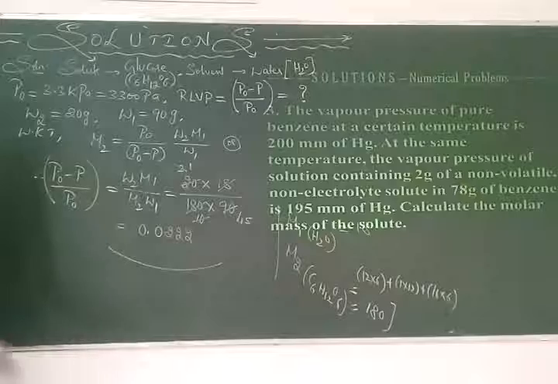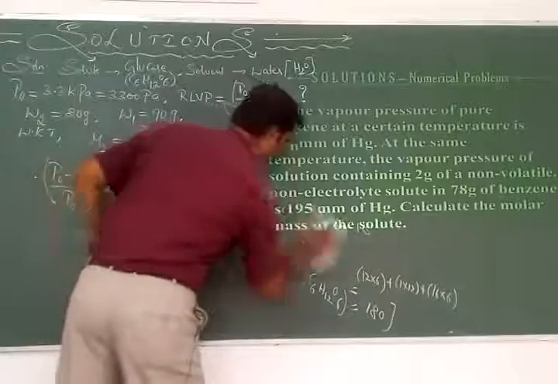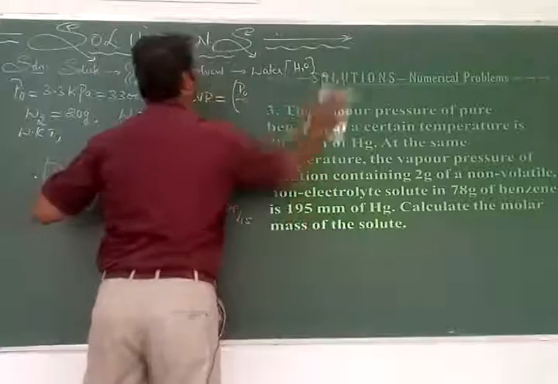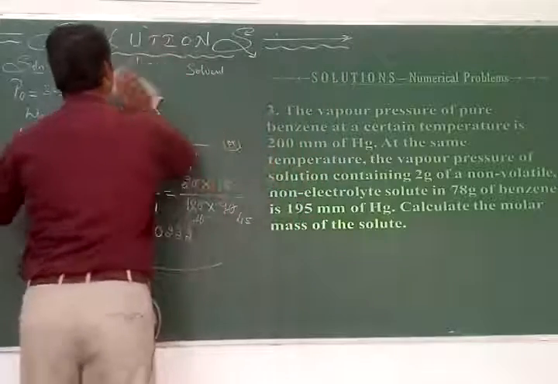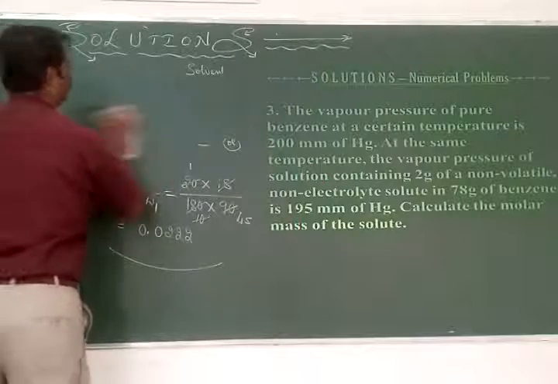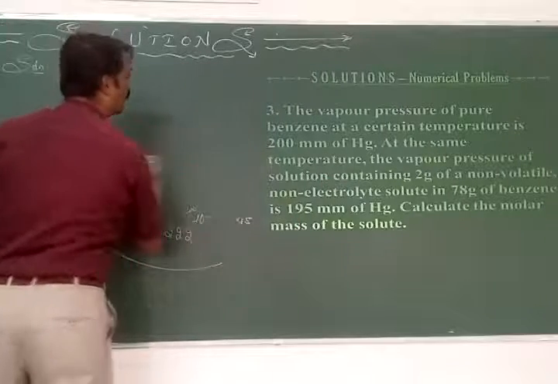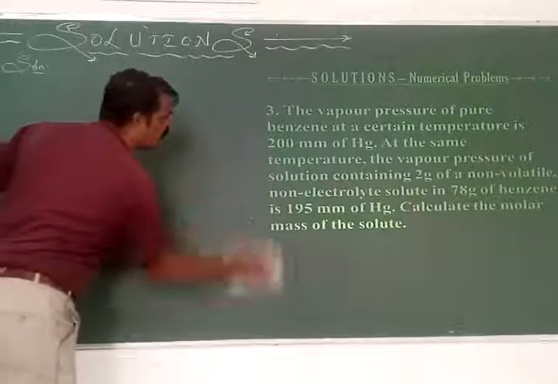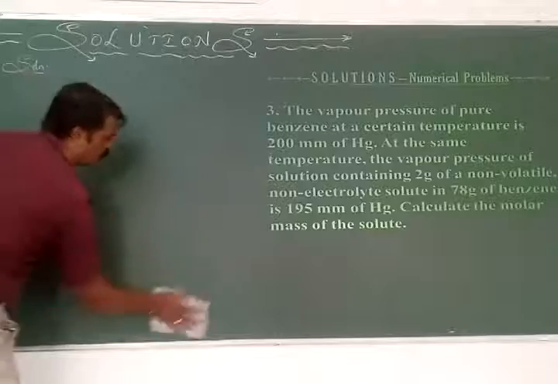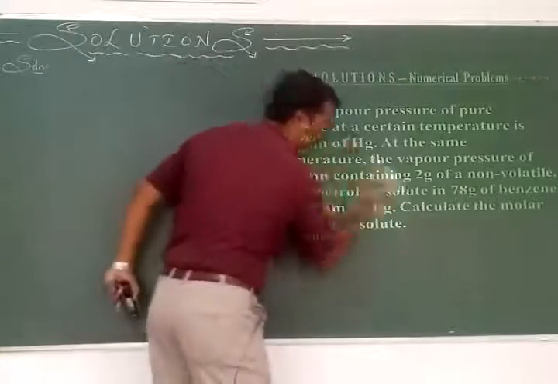The vapor pressure of pure benzene. The vapor pressure of which one? The pure benzene. The vapor pressure of the pure benzene at a certain temperature is found to be 200 mm of mercury. 200 millimeter of which one? Mercury.